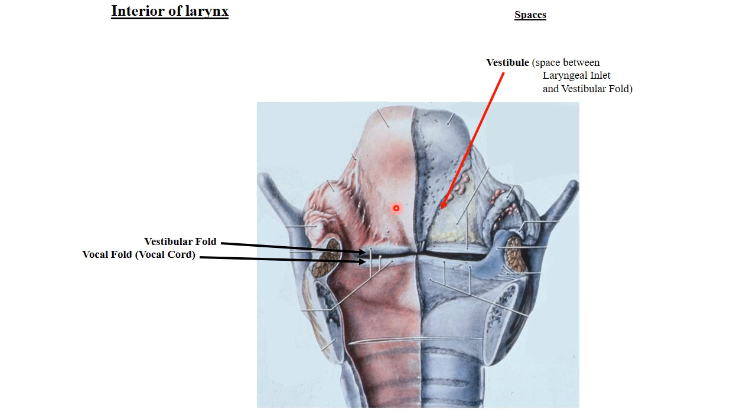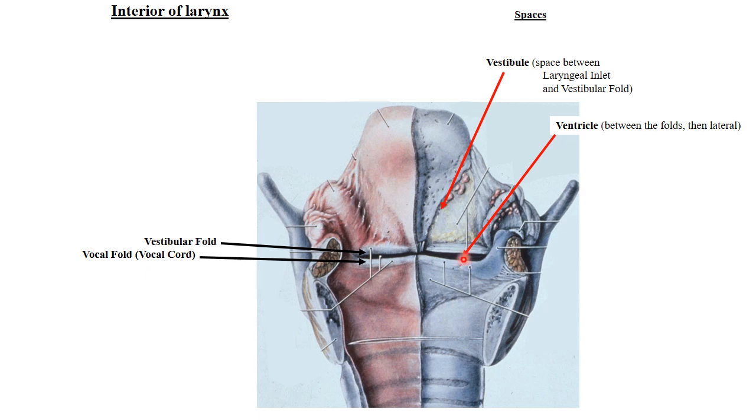Okay, and then as we pass down, if I'm in a little airplane flying this way, I'm going to pass the vestibular fold to a position between the vestibular fold and the vocal fold. In theory, I can turn my airplane out laterally and fly into a space out here in this dark shadow. There's basically a cul-de-sac out there.